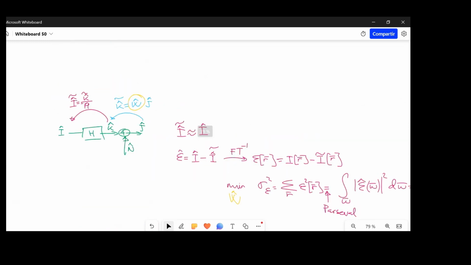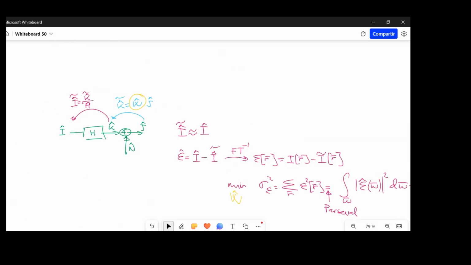Once you know W, you come to here and you follow your recipe. So W times J and then divide by A. That is your estimate.